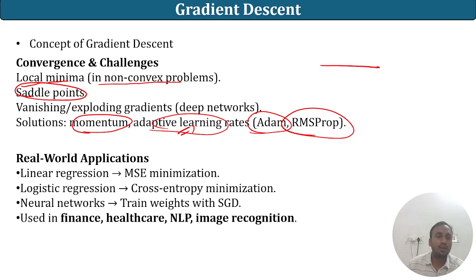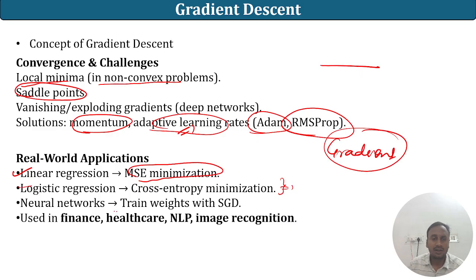If we talk about the applications, we can use linear regression for MSE minimization, and logistic regression for cross entropy minimization. I'm talking about the gradient. What is MSE? It's mean square error.